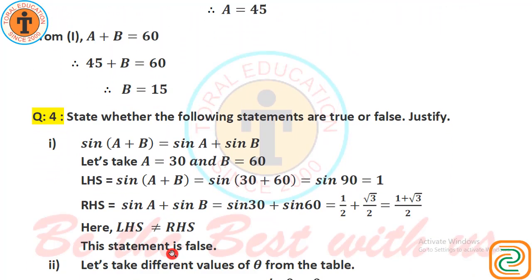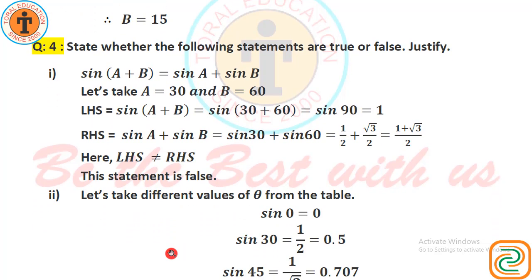Question number 4. State whether the following are true or false. Justify your answer. So first is sin(a plus b) equals sin a plus sin b. Okay, this is false. Let's take a equals 30 and b equals 60.